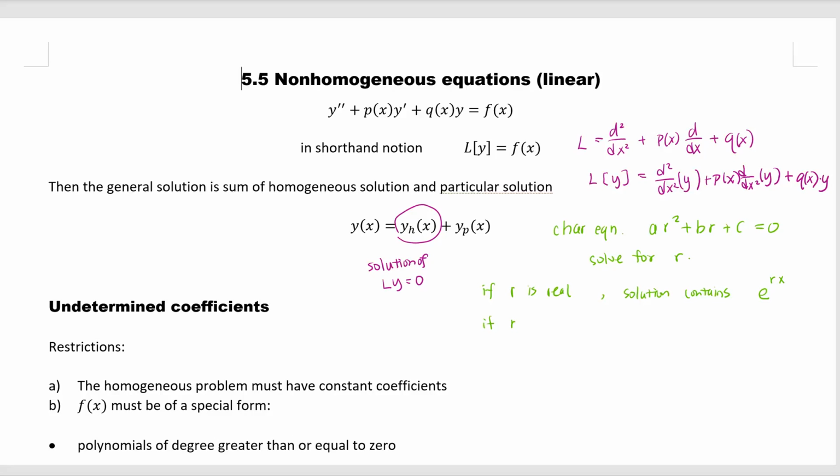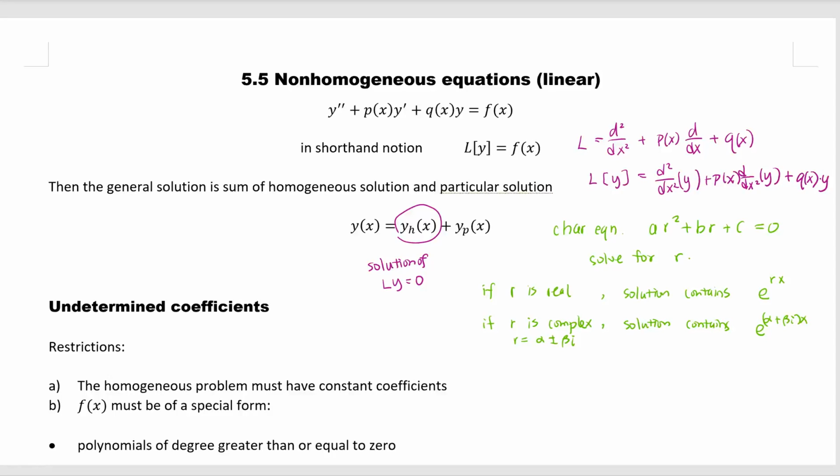If r is complex, well, then we know the roots are, for example, alpha plus or minus beta i. Then the solution contains e to the alpha plus beta i times x. But because we're given real coefficients, we should expect to have real solutions.